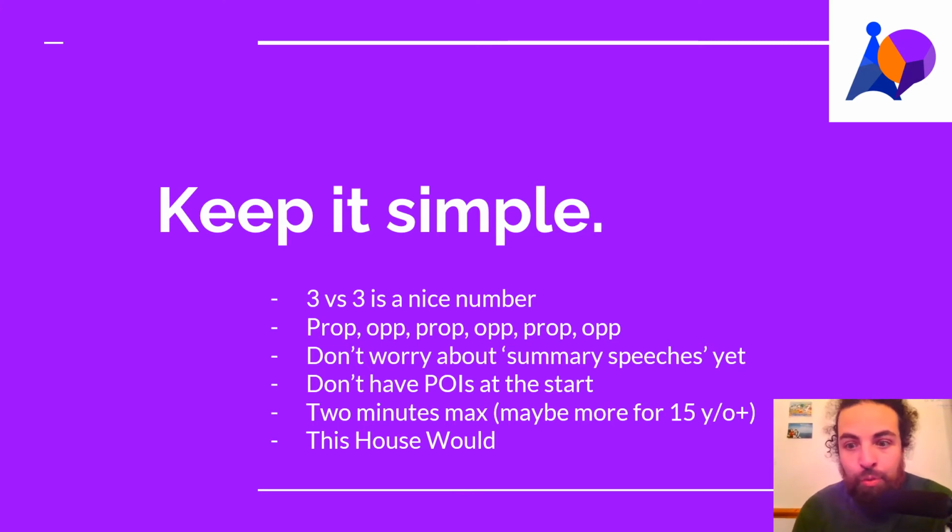This house is just whoever's debating. It's just fancy wording, but I do think it's a good thing to use right from day one because that way it's one less thing that students will be thrown by when they do competitions. So, for example, instead of just saying, we would ban zoos, this house would ban zoos.